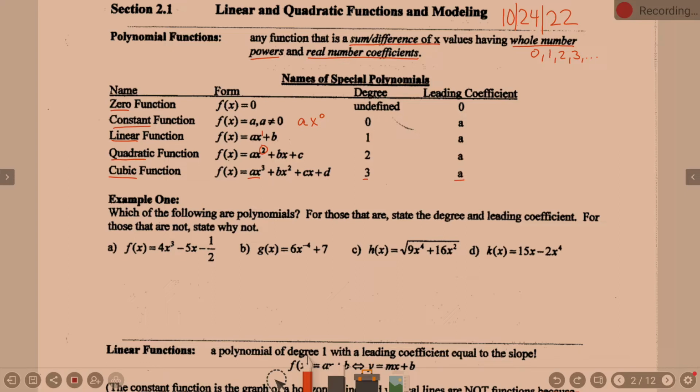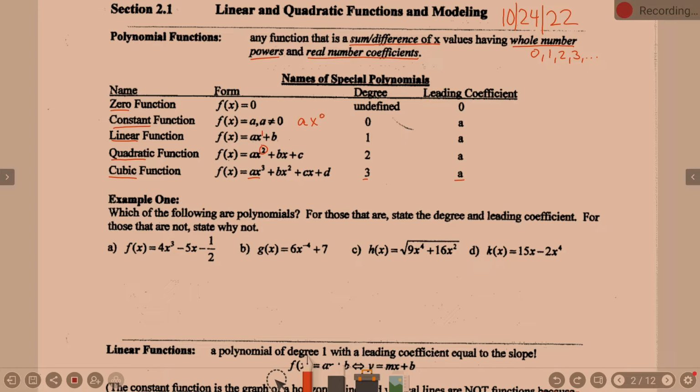One thing we're going to talk about is which of these are polynomials, which of these are not polynomials. So which of these fall into the category of sum or difference of x values with whole number powers and real number coefficients. So example A, f of x equals 4x cubed minus 5x minus 1/2. We need to figure out if it's a polynomial.